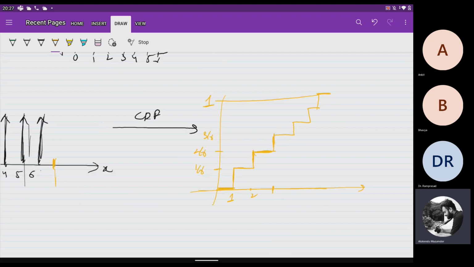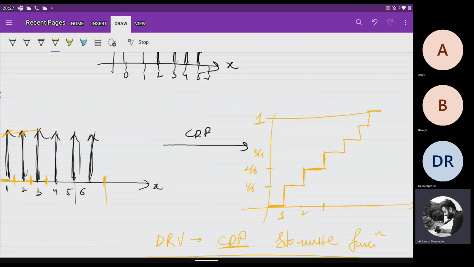So it will look like a staircase function. So for discrete random variables, the CDF will always be a staircase function. Now, are you clear on this or shall I explain it again? Clear, sir. Yeah, so this was the main takeaway from the CDF basically.